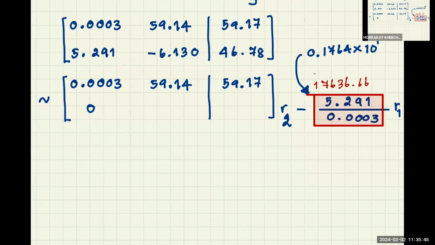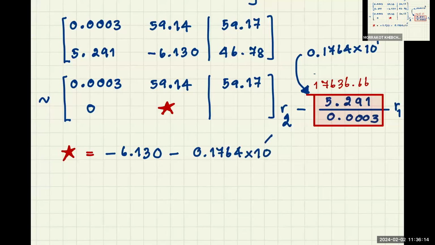Now, I want to calculate this star, okay? What is this star? The location at star equal to minus 6.130, subtract by 0.1764 times 10 to the 4th, multiply by R1, which is 59.14.